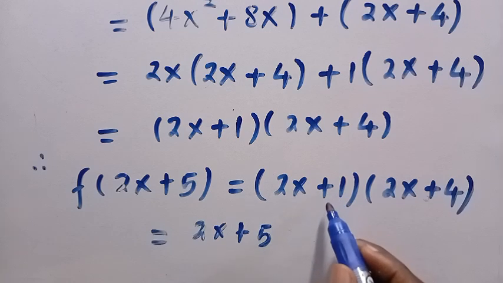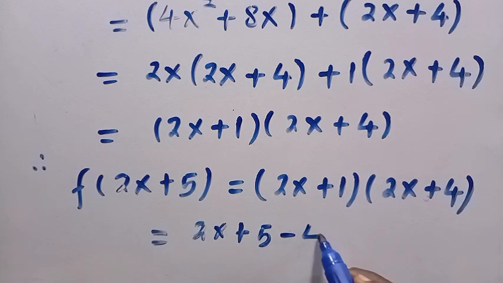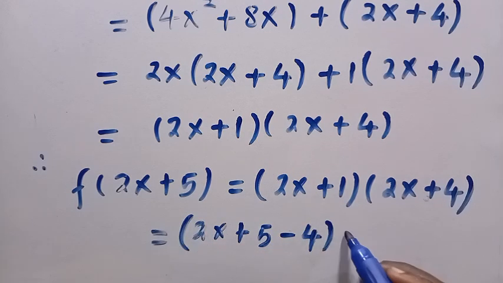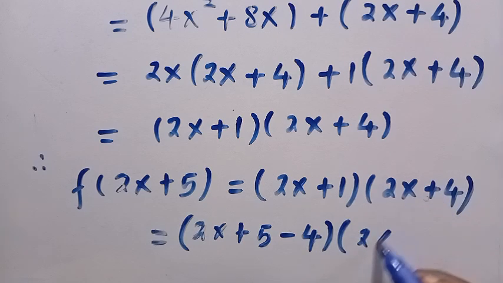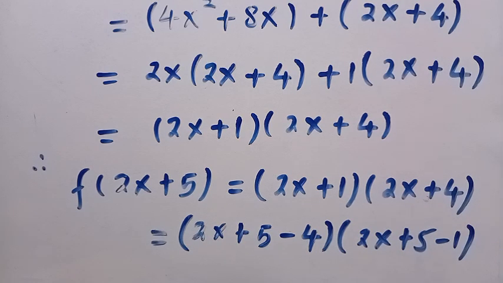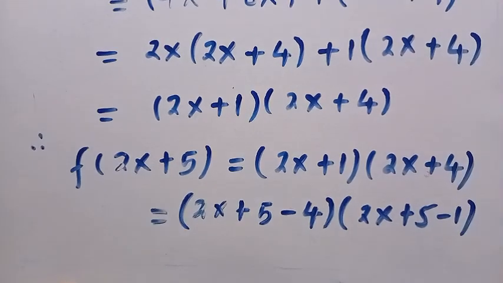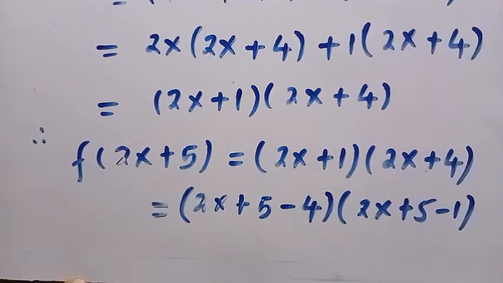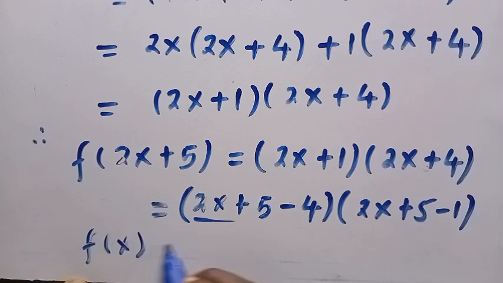But it was 2x plus 1, which means we have to add 4 to this. And also here we have 2x plus 4, then we add 1 to this. So it makes sense.